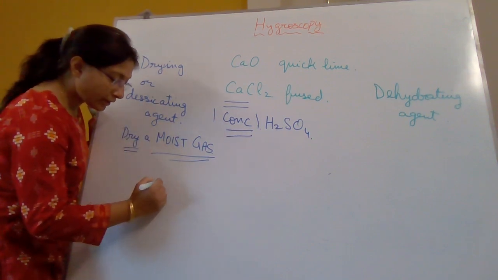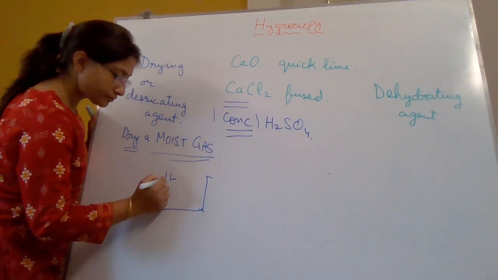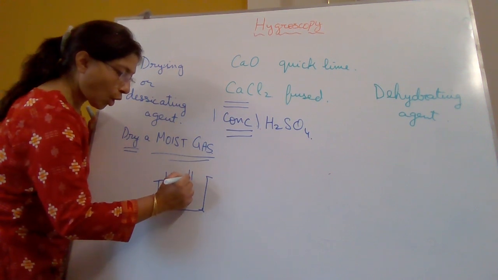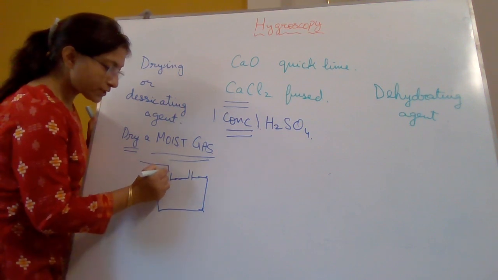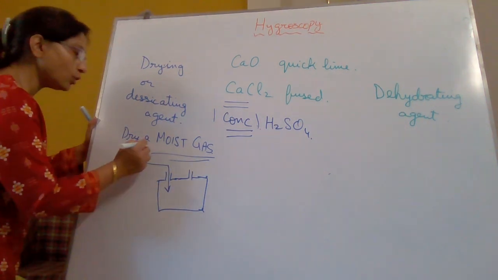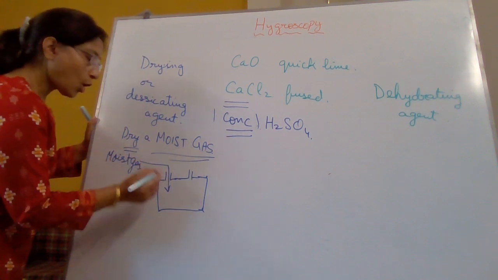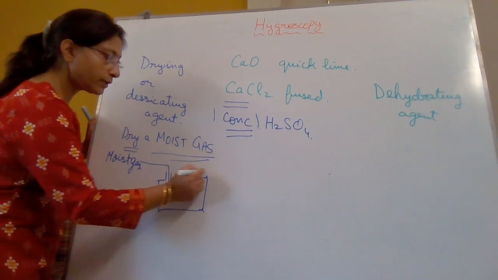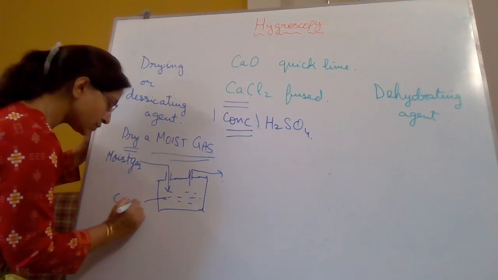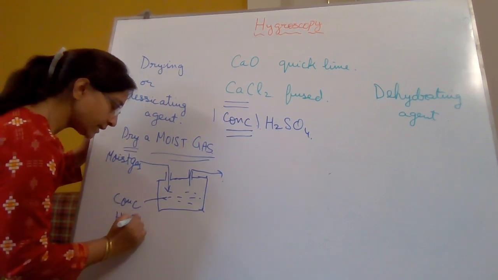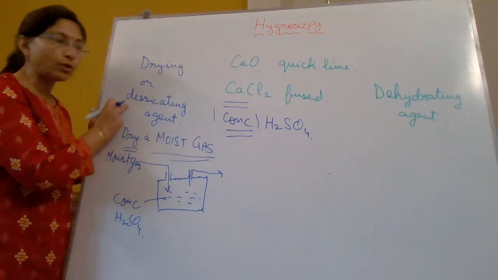What will we do? We will take a Woulfe bottle and pass the moist gas through this Woulfe bottle, right? And this Woulfe bottle we will fill with concentrated sulfuric acid, right? The concentrated sulfuric acid is the desiccating or the drying agent.